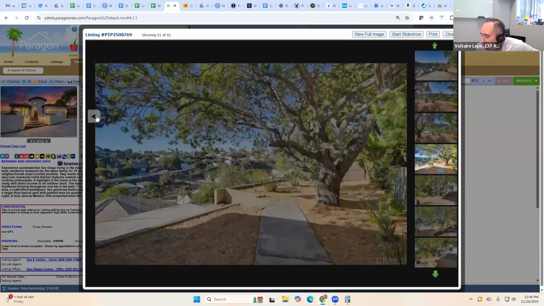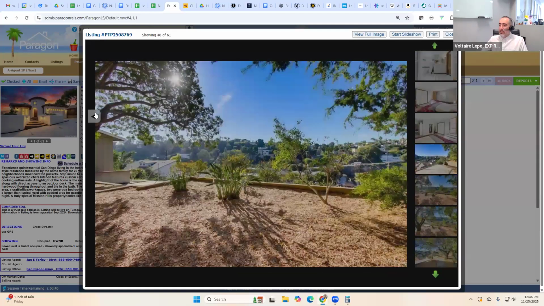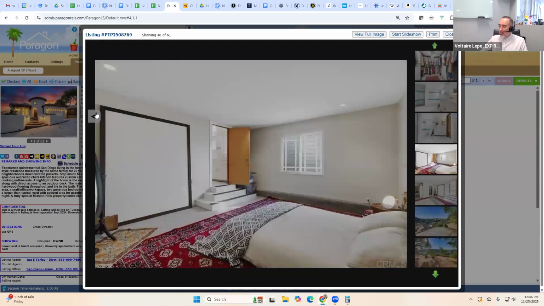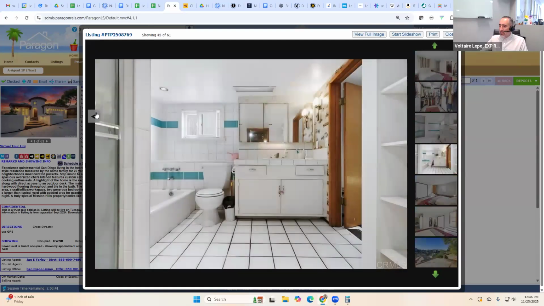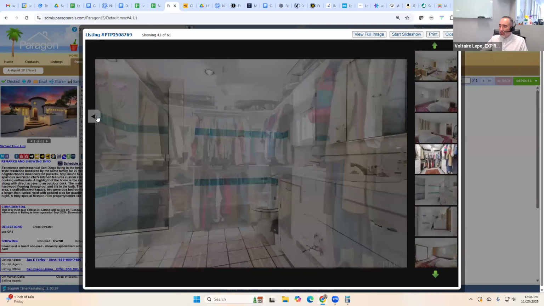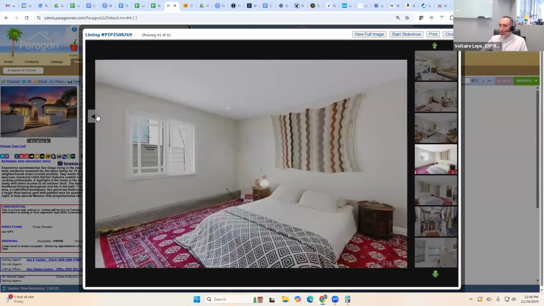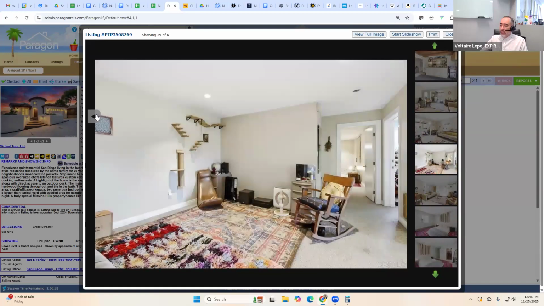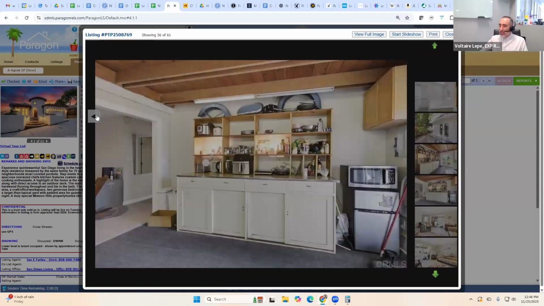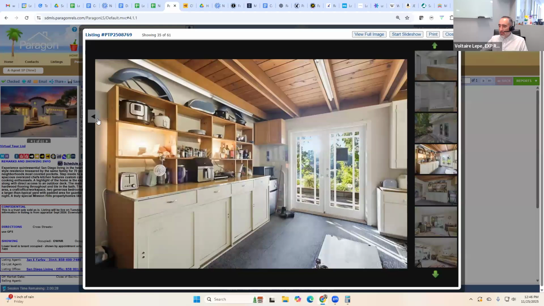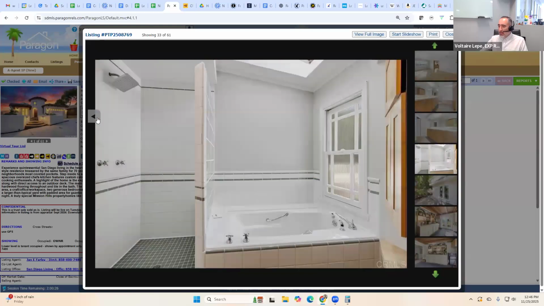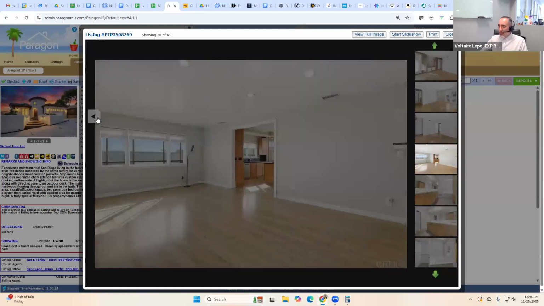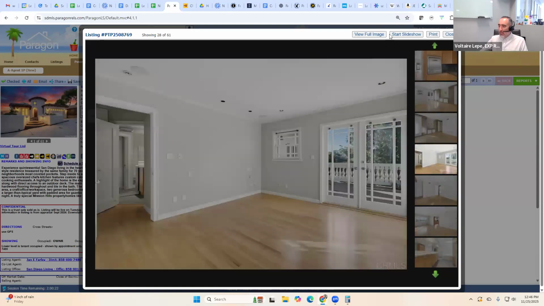Yeah, and it could be a good deal, especially if they're not gonna live there, they're just gonna do Airbnbs. With Airbnbs, the more square footage and more bedrooms you have, the more you could charge. So as long as there's no issues with the city and you're able to keep some of the space, then it might make sense for that purpose.